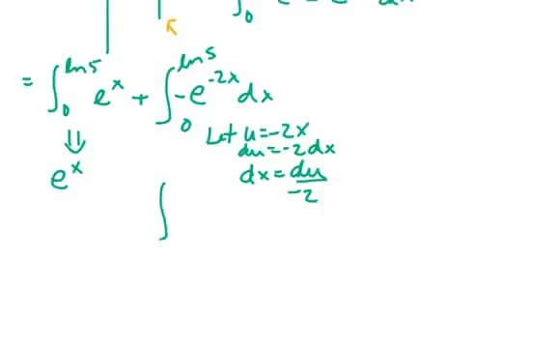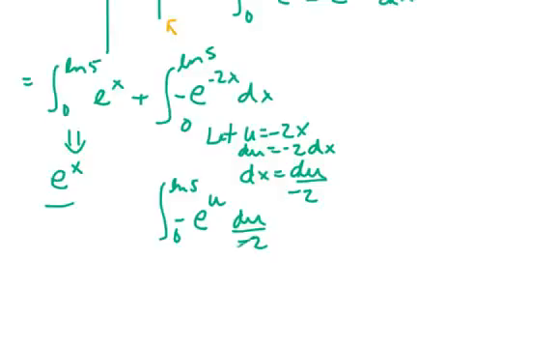So let's substitute here. I haven't evaluated this one yet; we'll come back to that. We've got dx equals du over negative 2, and I've got a negative sign here, and this is e to the u now.